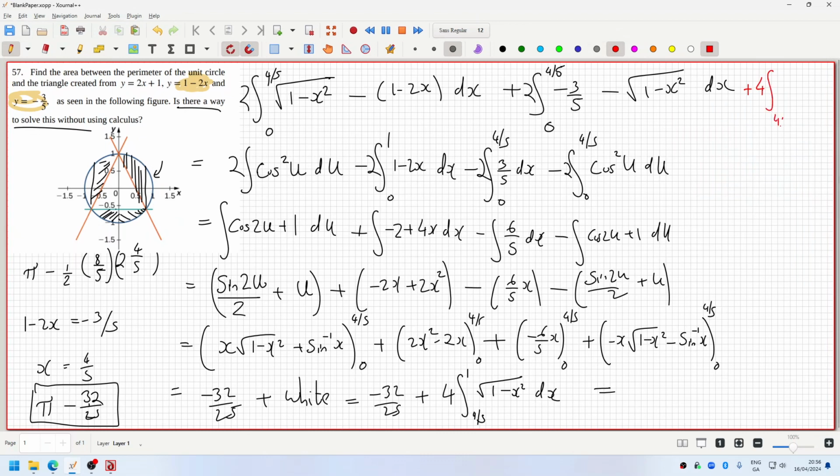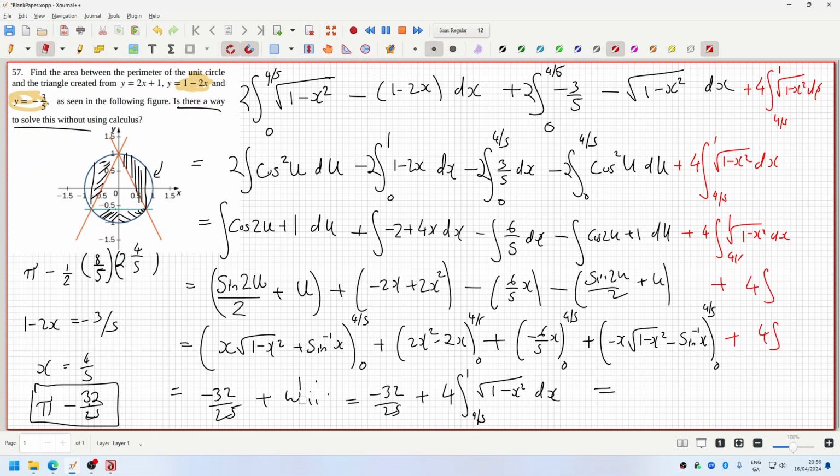Integration from 4/5 to 1 of root 1 minus x squared dx, plus 4 integration from 4/5 to 1 of root 1 minus x squared dx, plus 4 integration of root 1 minus x squared dx from 4/5 to 1, and so on.